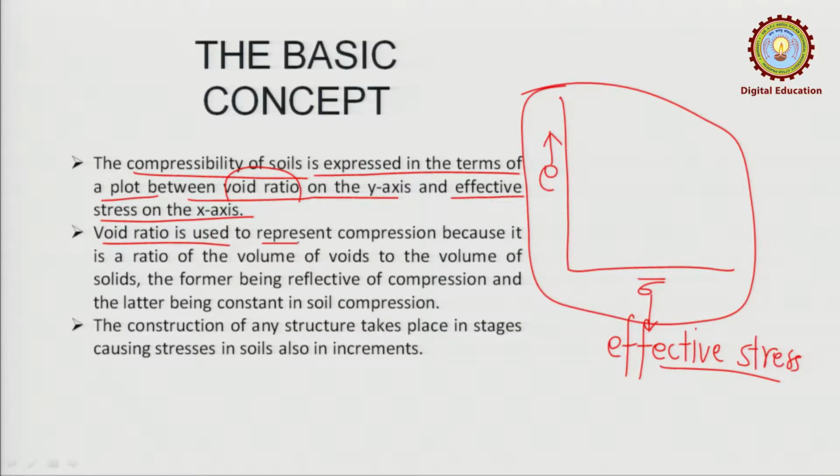Void ratio is used to represent the compression because it is a ratio of volume of voids to volume of solids, the former being reflective of the compression and the latter being constant in soil compression.